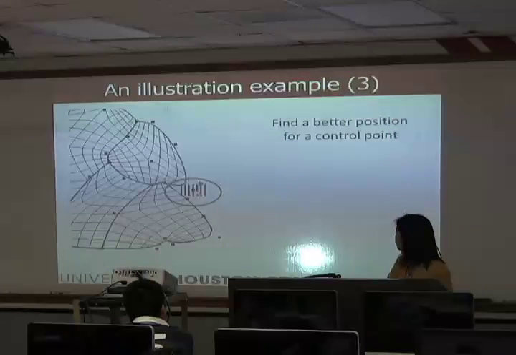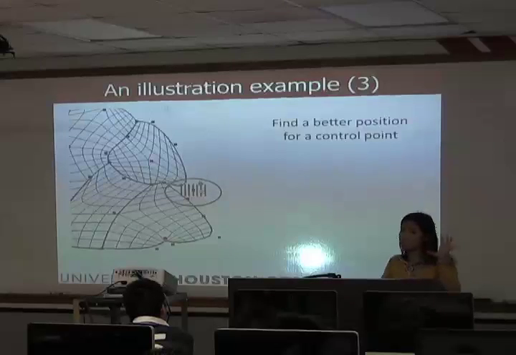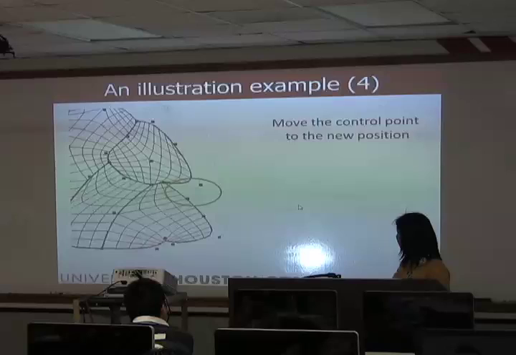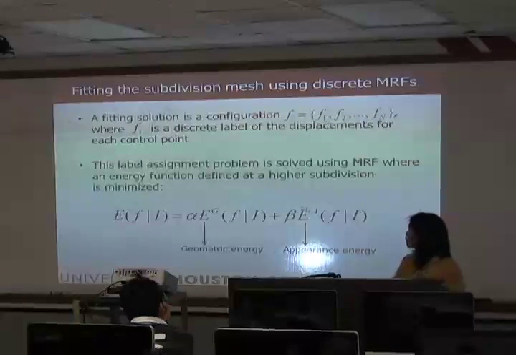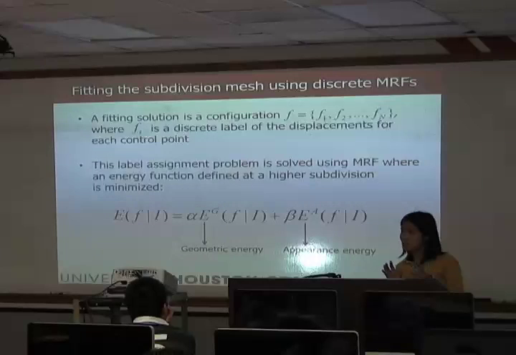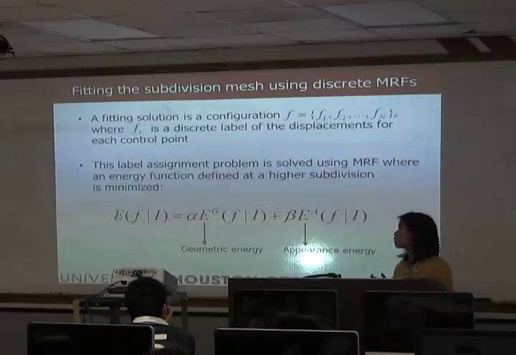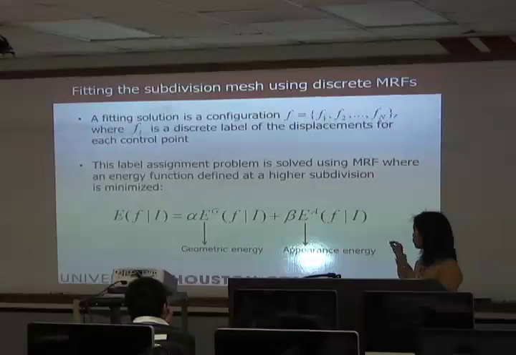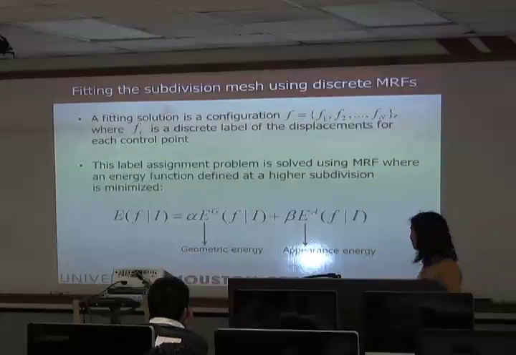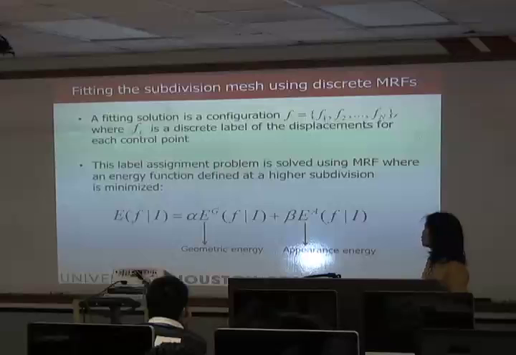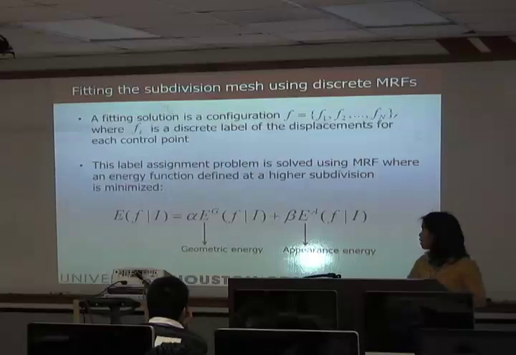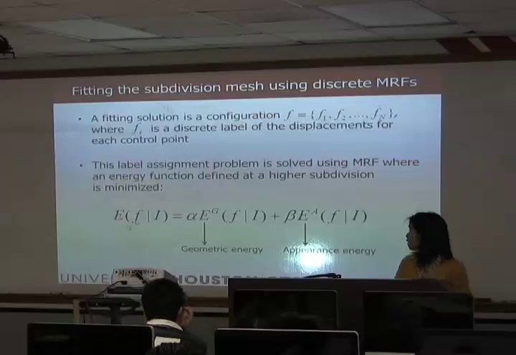Here, the displacement also helps us to infer the position of the new candidate. Because the number of displacements at each step is discrete, that's why we use a discrete Markov random field. This label assignment problem is solved using a discrete Markov random field.